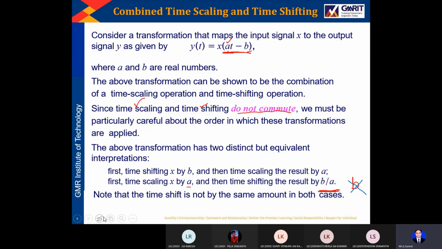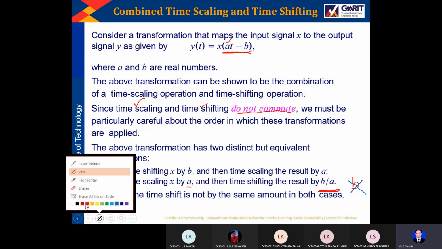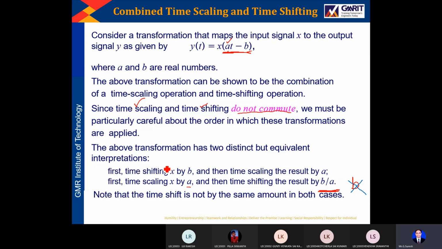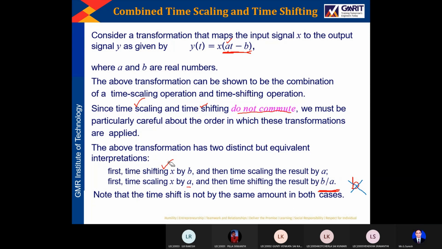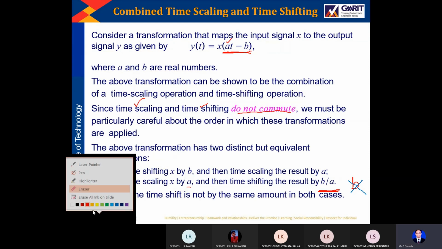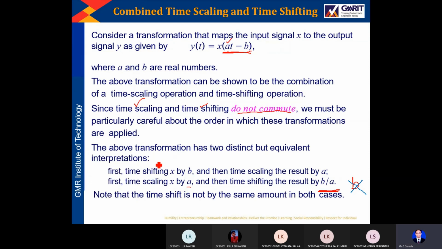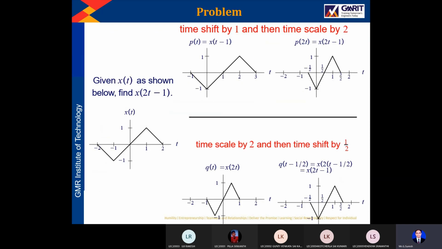So what is the order? First perform shifting, this is step 1, then time scaling, step 2. Now we'll see a problem based on this particular concept.